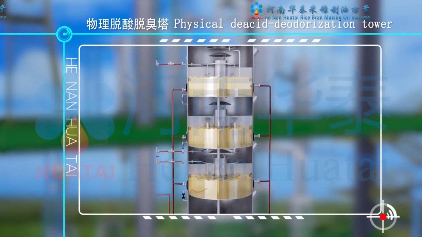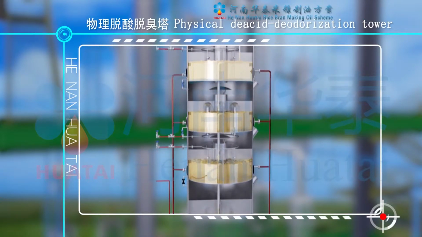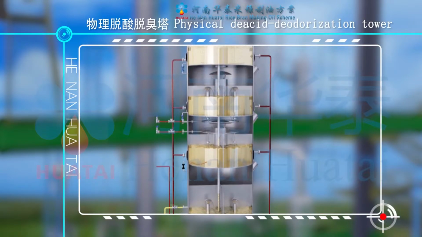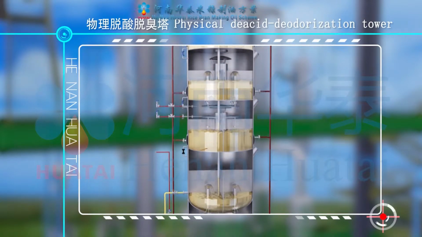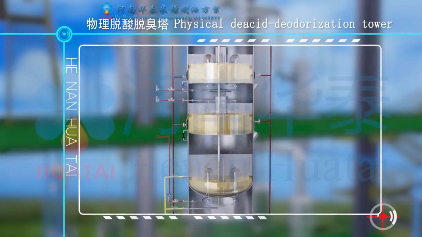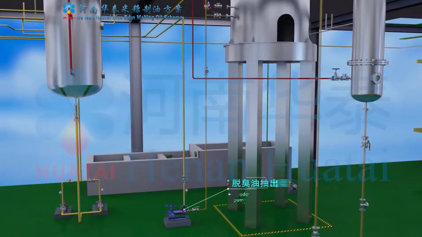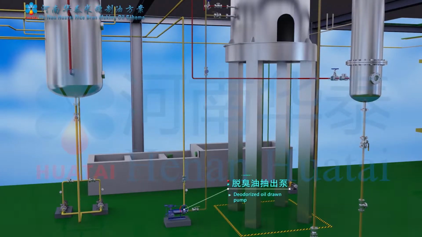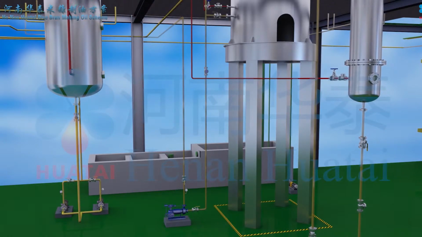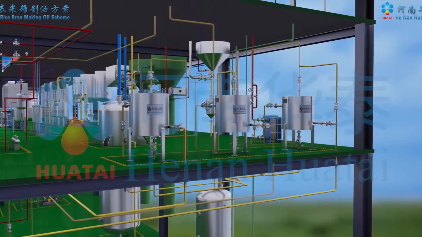The pump ejector design inside the deodorization chiller promotes the oil and steam to fully contact, to separate the light constituent gas from the oil in the high vacuum system. The deodorization oil is transported three times to the oil screw plate heat exchanger by the extraction pump, to exchange heat.